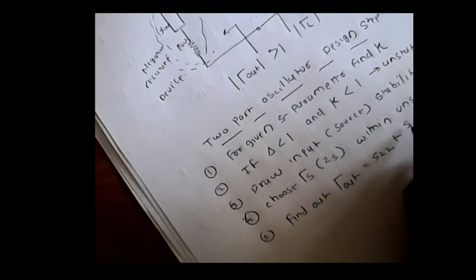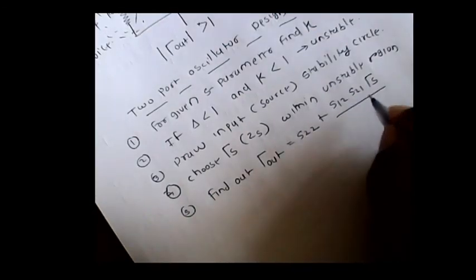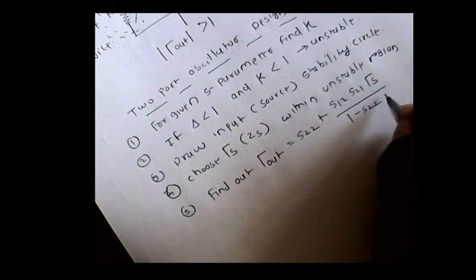Fifth, find out gamma out, which is S22 plus S12 S21 gamma S divided by 1 minus S22 into gamma S. Then sixth step, gamma out will be greater than 1.